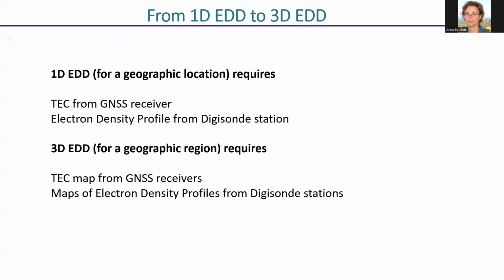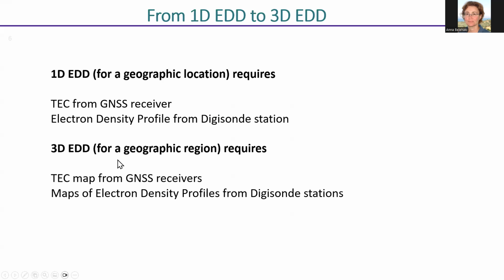Now we have to move from the 1D electron density distribution to 3D electron density distribution. For the 1D distribution, the model requires the TEC parameter from the GNSS receiver and the electron density profile from the Digisonde station, which is co-located with the GNSS receiver.